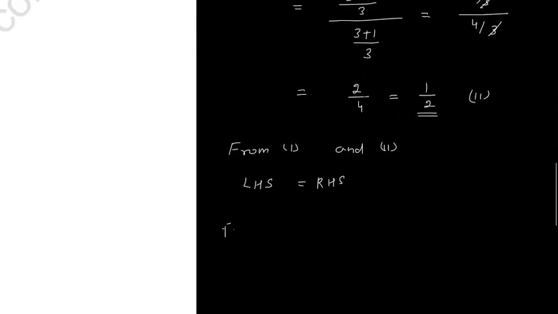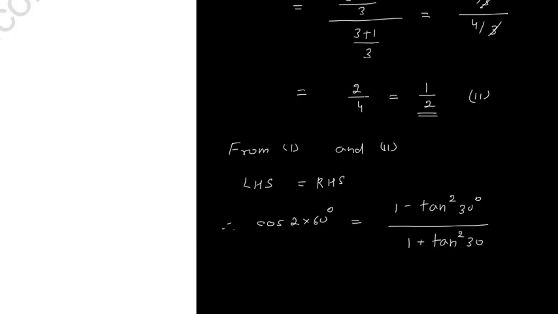So therefore cos 2 into 30 degree is equal to 1 minus tan square 30 degree upon 1 plus tan square 30 degree.